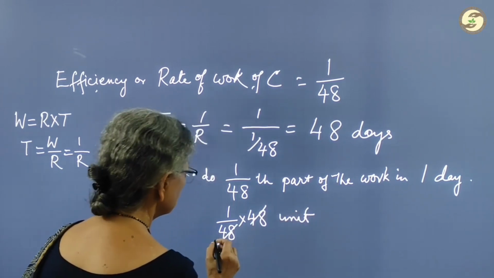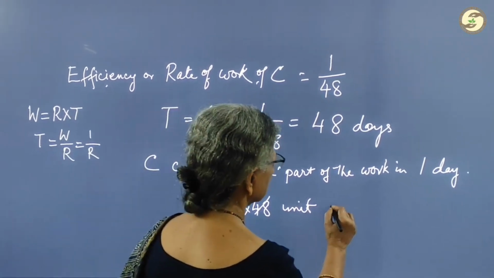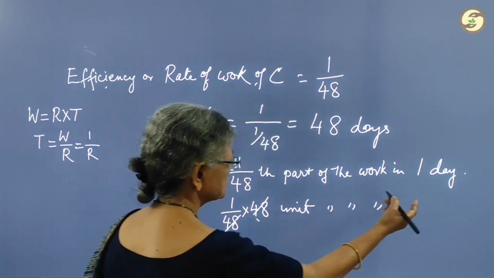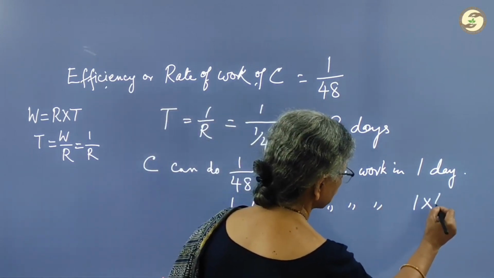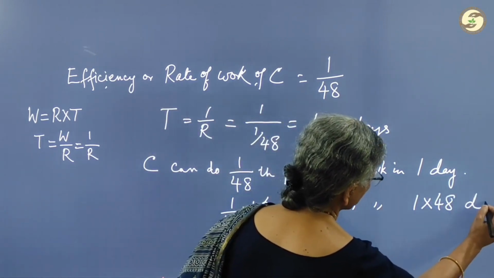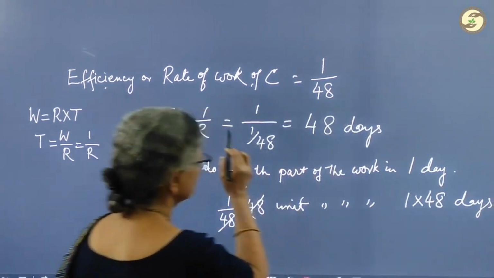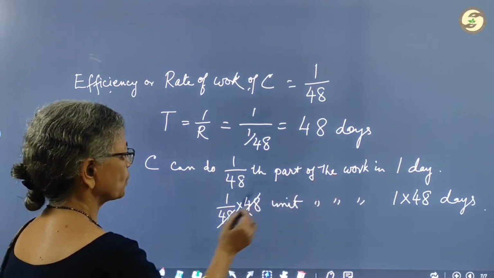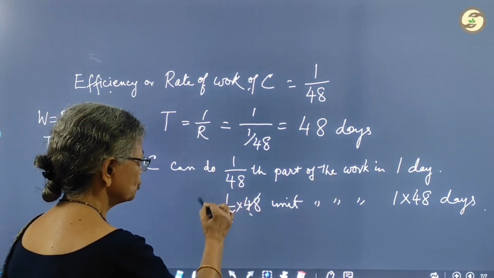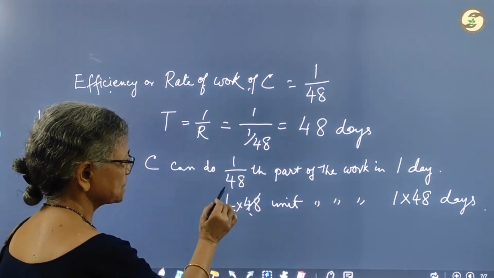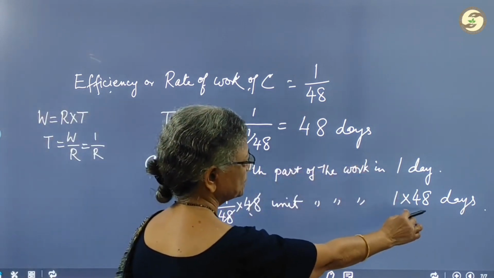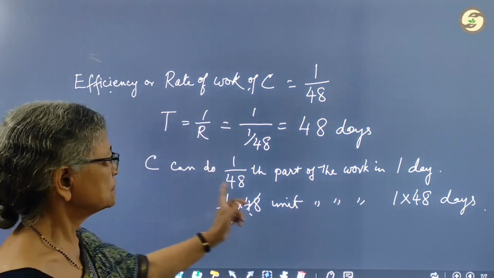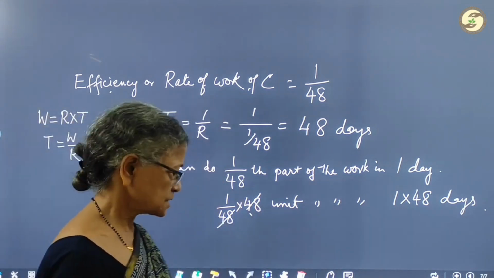You can do either way, whichever is convenient for you. You can use the formula or you can use it like this. So C can finish the job in 48 days.